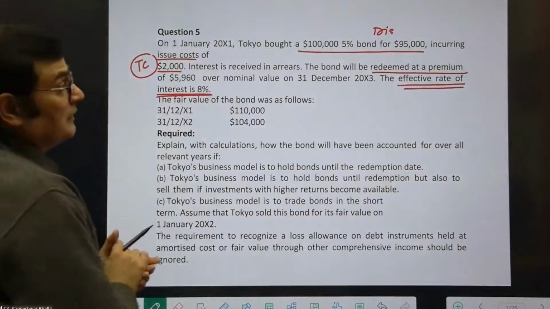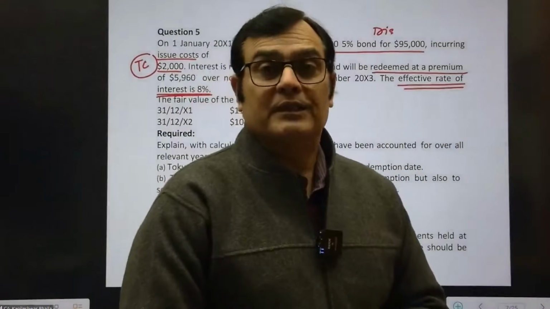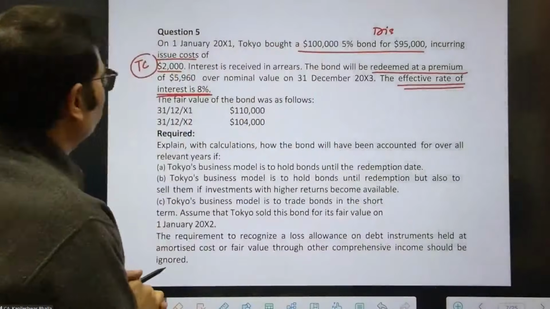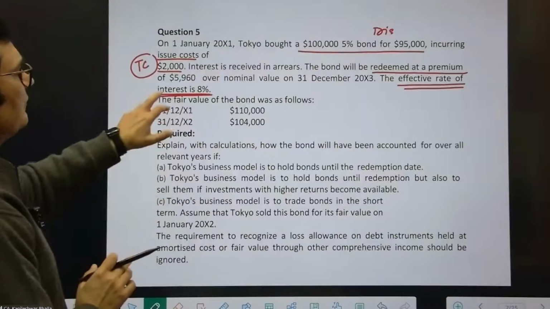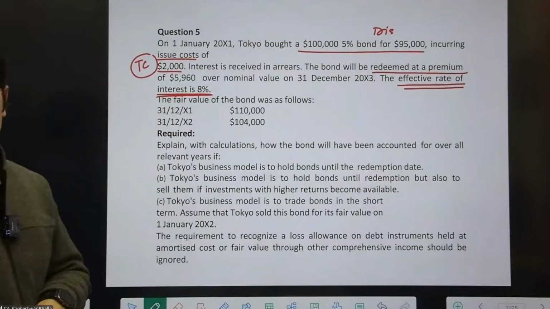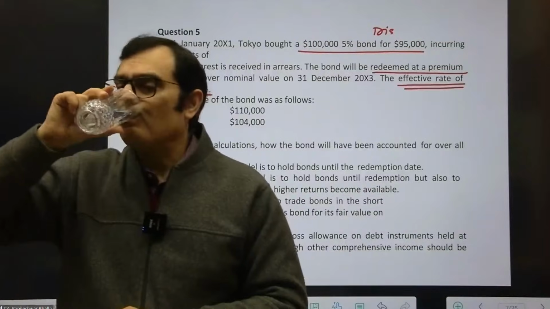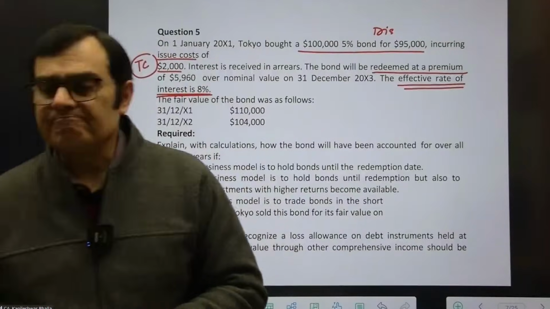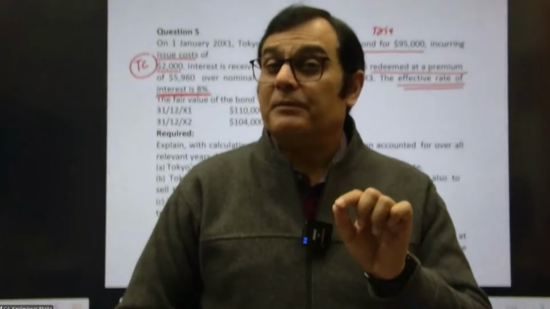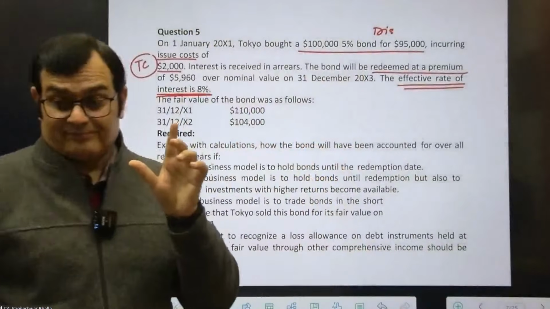Now, since we see that there is a discount, there is a premium, and there is also a TC, the EIR is given. By the way, let me also ask you, if this EIR is not given, does this technically represent an internal rate of return?